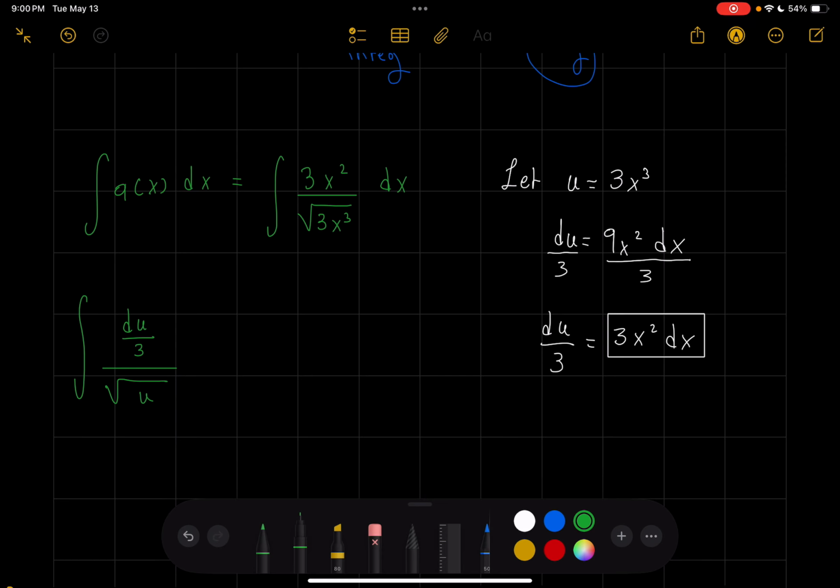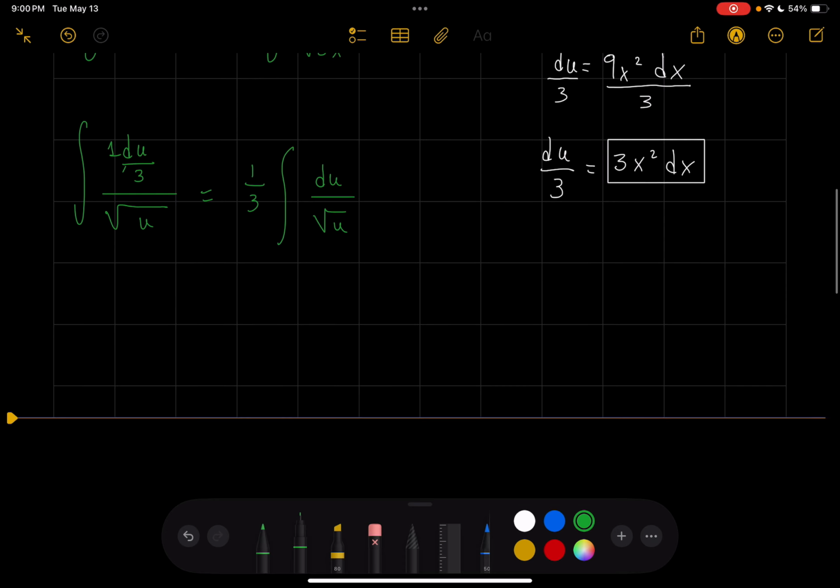Now, du over 3 is the same as 1 over 3 times du. We can literally put an invisible 1 over here. So this will be like 1 over 3, and you can take the 1 over 3 outside. So it will be 1 over 3 times the integration of du over the square root of u.